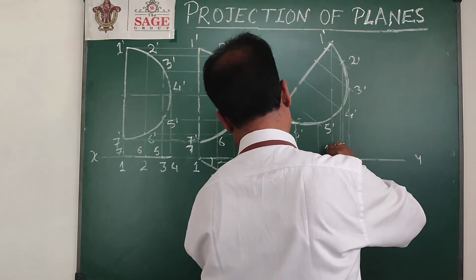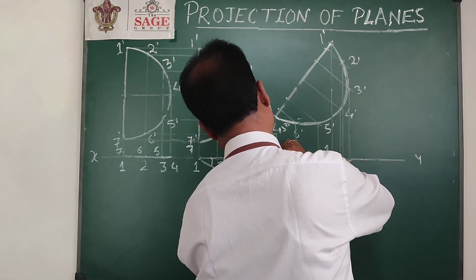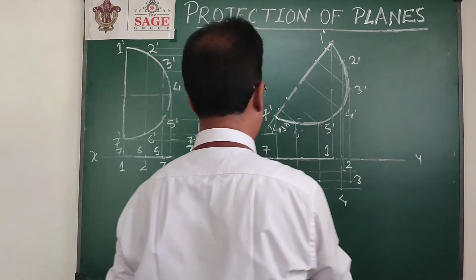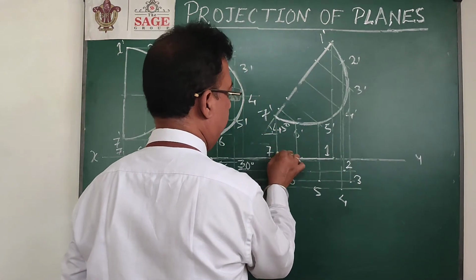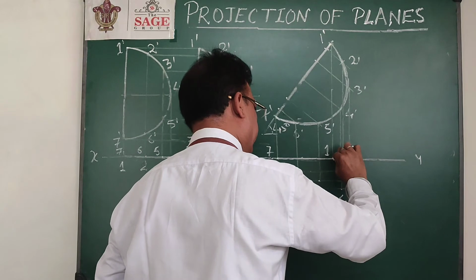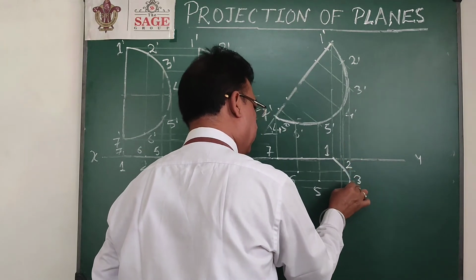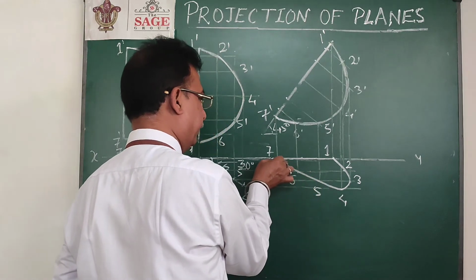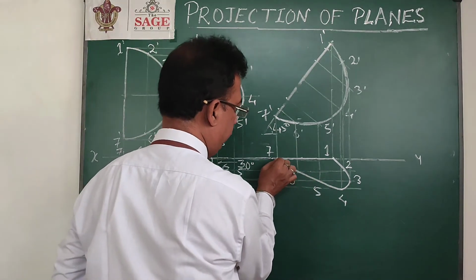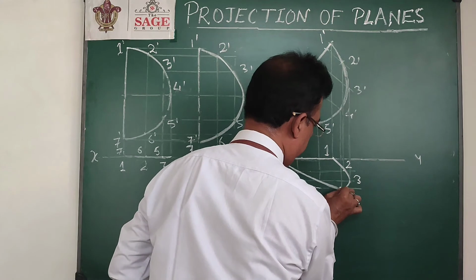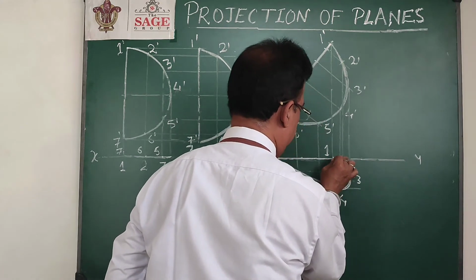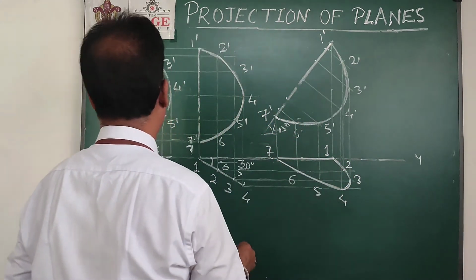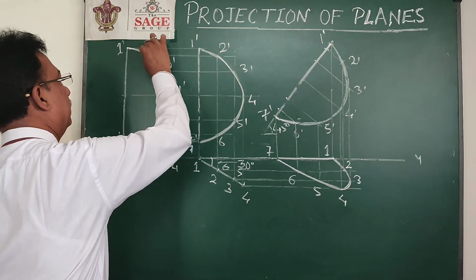These two, 1, 7, will be a straight line, so I will join that with the help of a straight line, and the remaining points will be joined by a freehand curve. The curve will be like this. So this is the final figure.